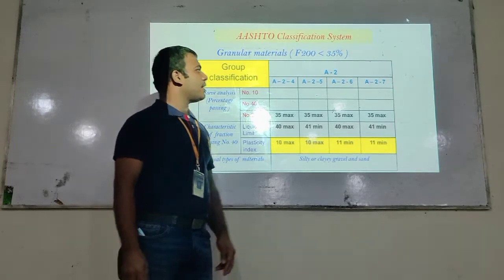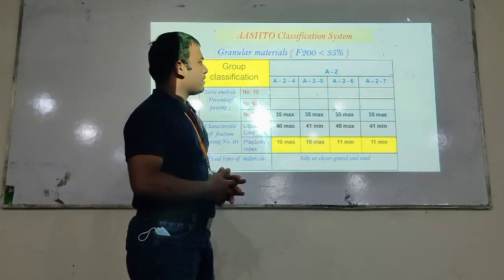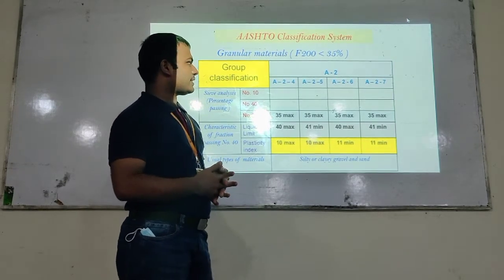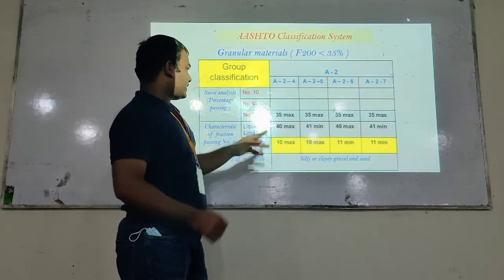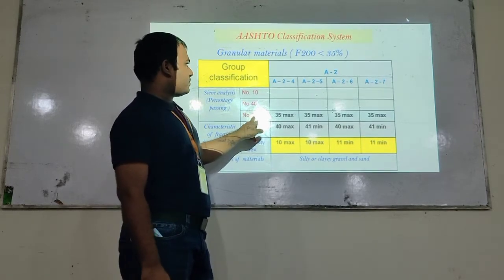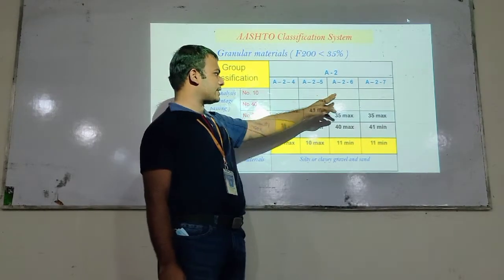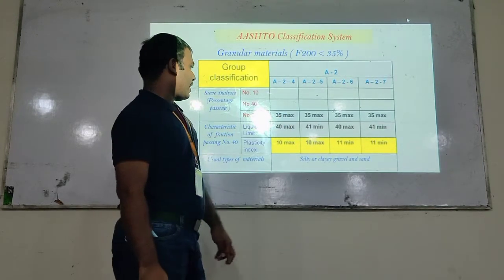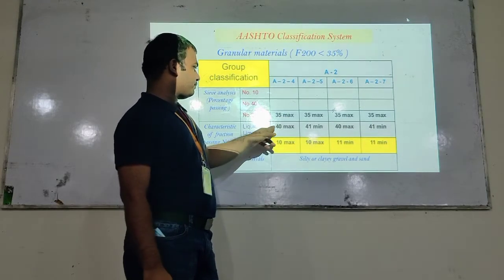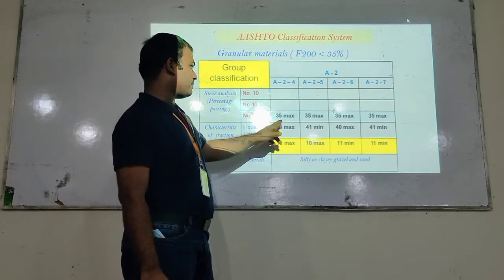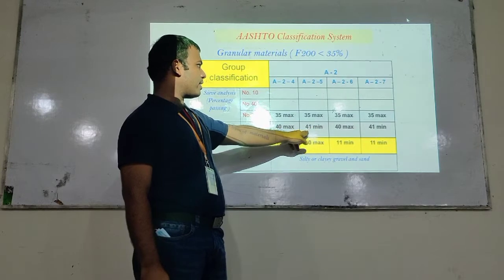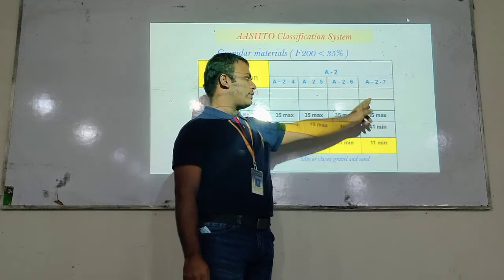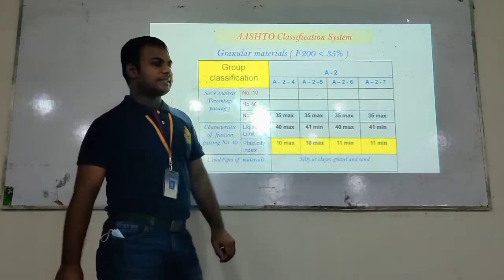That's the A2 slide. The A2 category is divided by 4 criteria: A2-4, A2-5, A2-6, and A2-7. Here we see the number 200 sieve. All of the soils pass a maximum of 35%, and their liquid limit is A2-4 maximum 40%, A2-5 minimum 41%, A2-6 maximum 40%, and A2-7 minimum 41%.